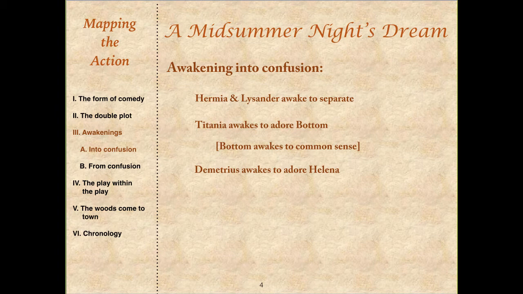Helena is untransformed, and in a sense, so is Bottom. Aside from the donkey head, he is more himself than ever, and so naturally his name seems to fit him better than ever. Bottom in his metamorphosis becomes an ass.